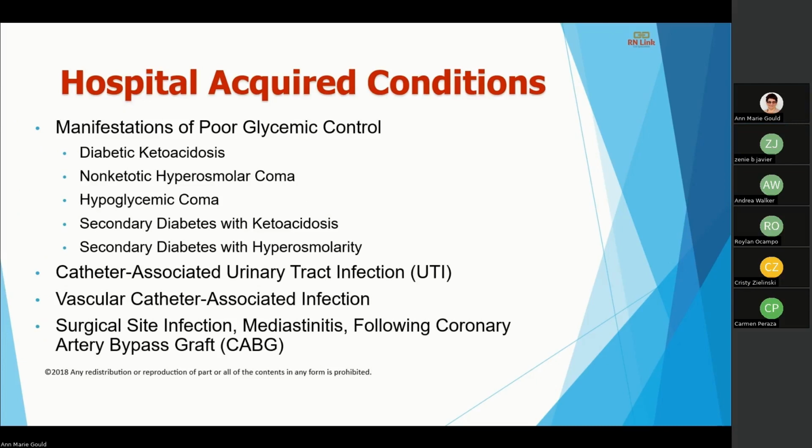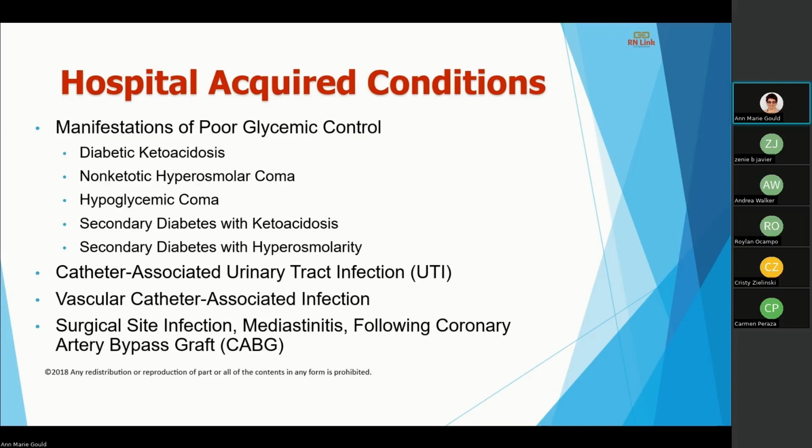And then manifestations of poor glycemic control. I think they were going to do a change on this. I'm not really sure. I didn't have a chance to review it prior to our webinar today. But they are looking at changing this around or eliminating it. I'm not sure what CMS plans were, but I will look it up and I'll email everybody on that one because I know they were looking at modifying it.